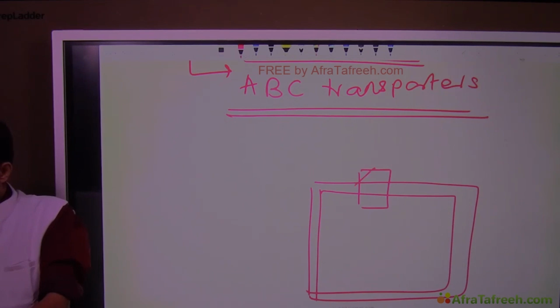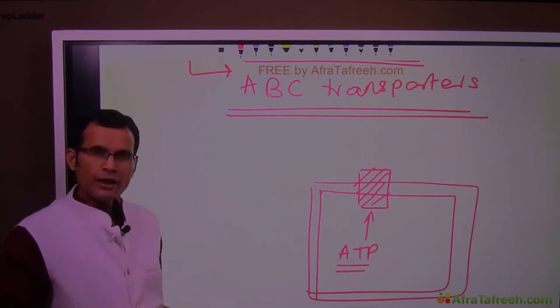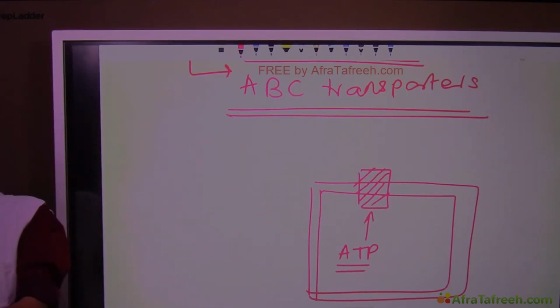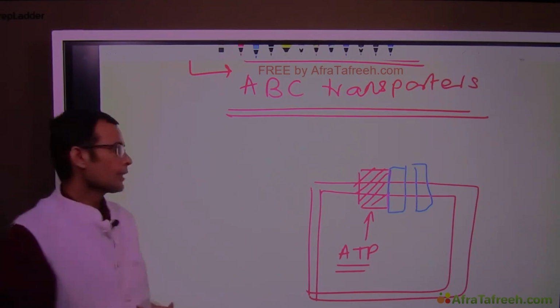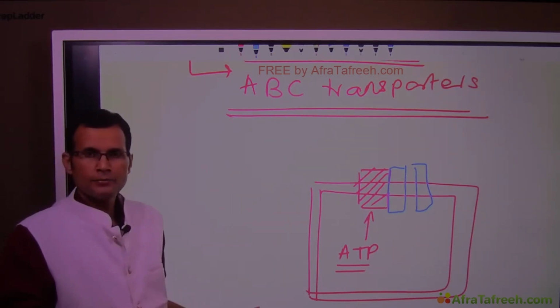It has one part where ATP will be bound, and that ATP will be utilized for the other part of that protein to be operative. That other part could be a channel or a carrier.